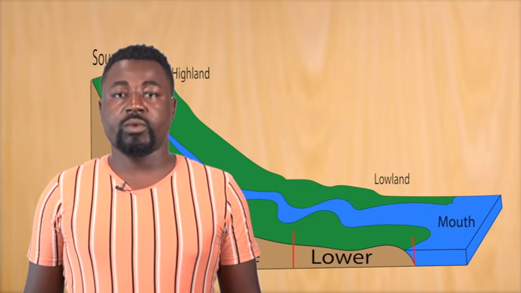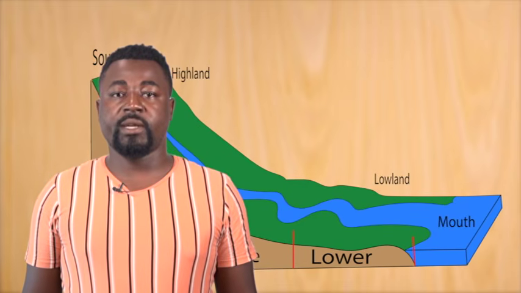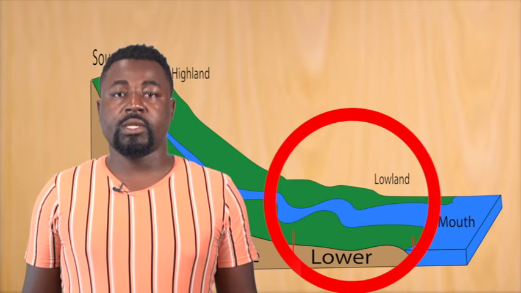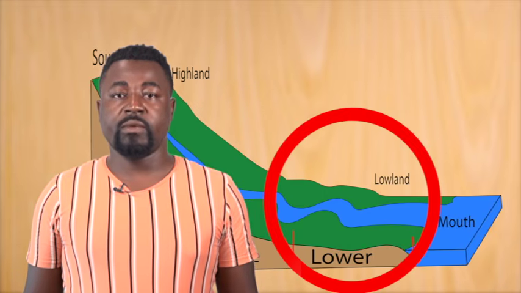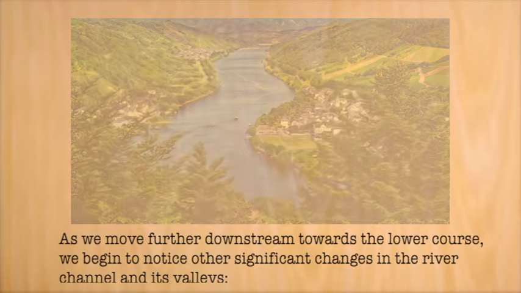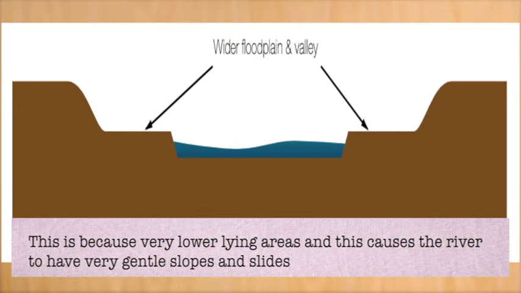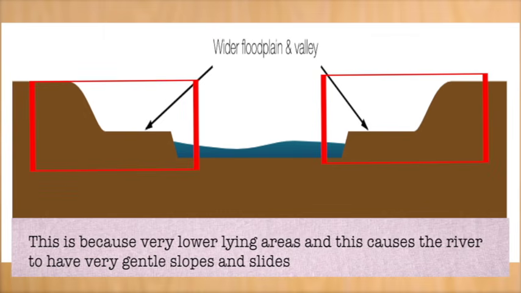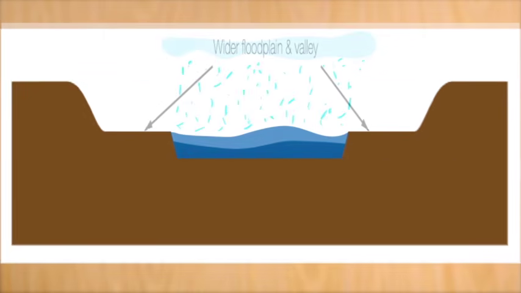Viewers, we are now going to explain the characteristics of the river and its valley in the lower course stage of the river using the following information. As we move further downstream toward the lower course, we begin to notice other significant changes in the river channel and its valley. This is because toward the very low lying area, the river has very gentle slopes and sides.